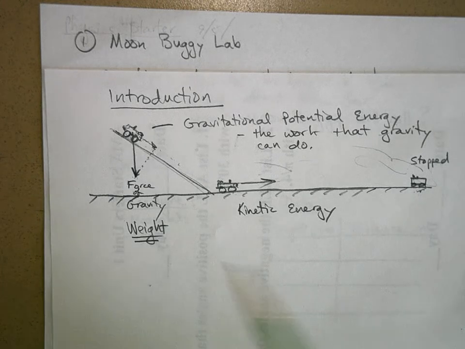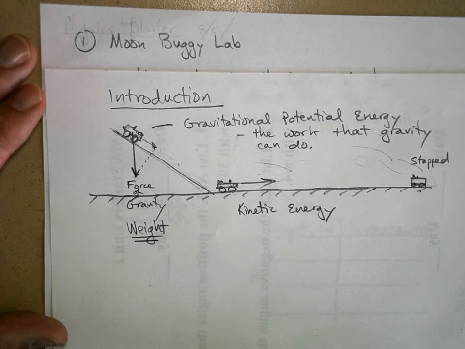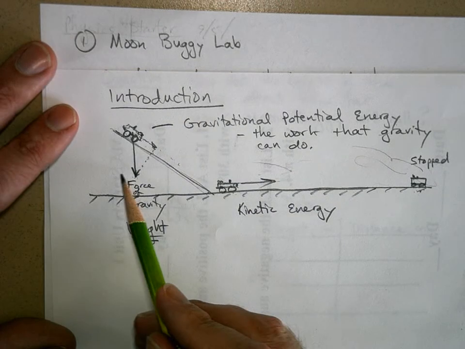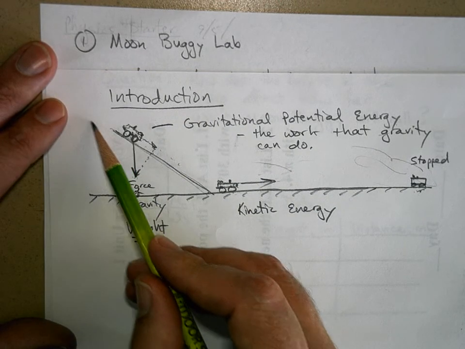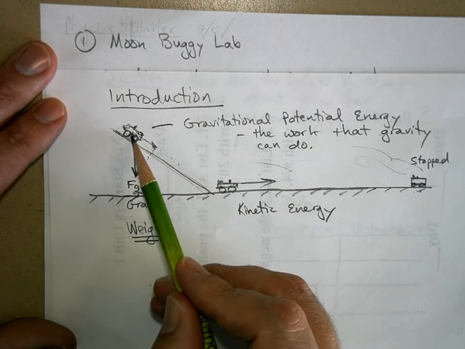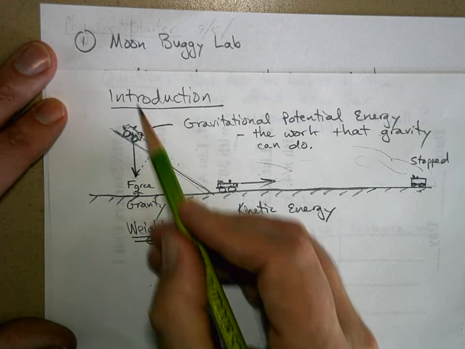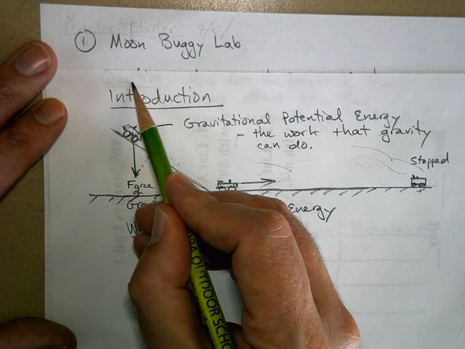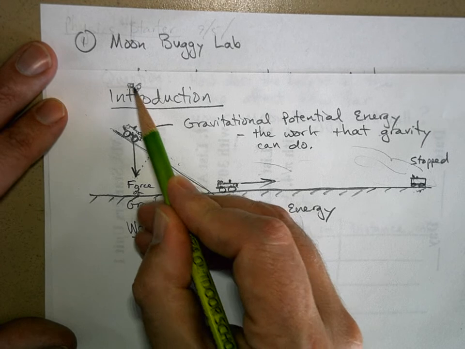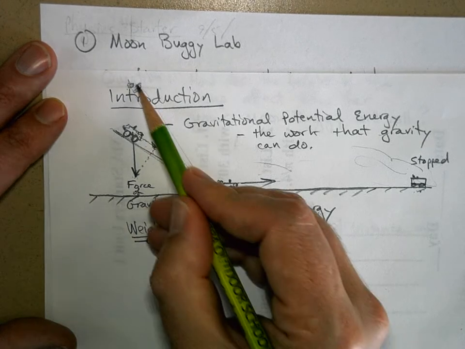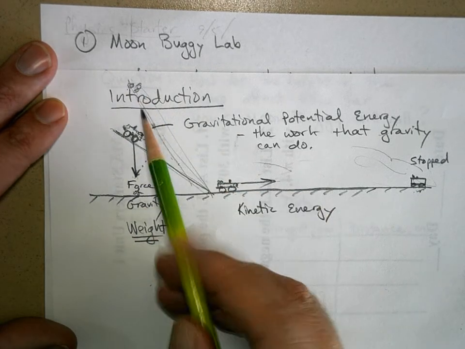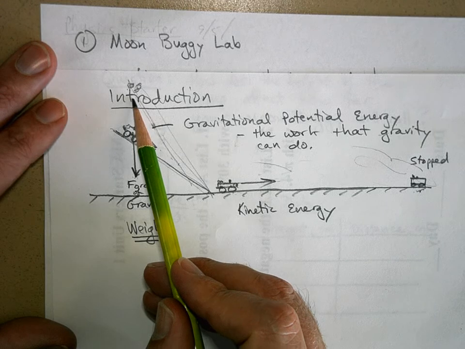So this is what we're going to do. Now, let me ask you this. If I make the ramp higher, what's going to happen to the amount of energy of the car? What if the ramp was way up here? Well, I've got more energy in my system, don't you think?